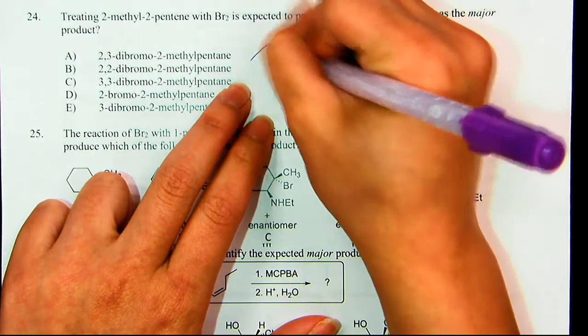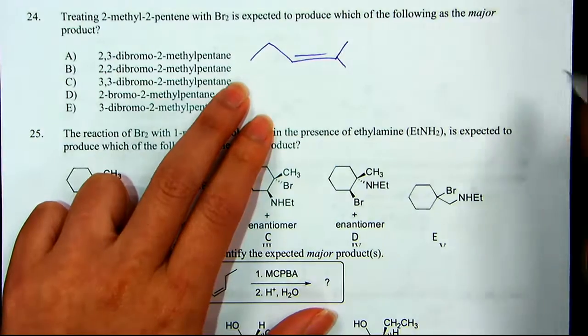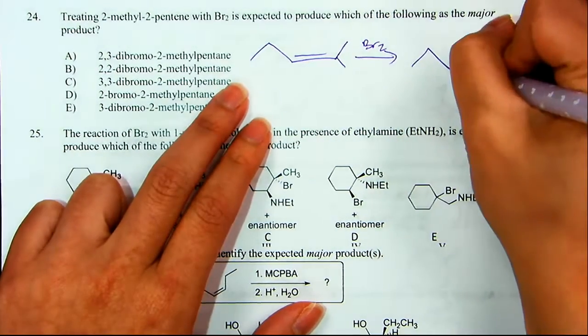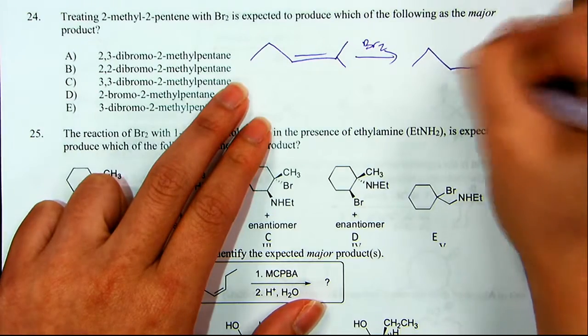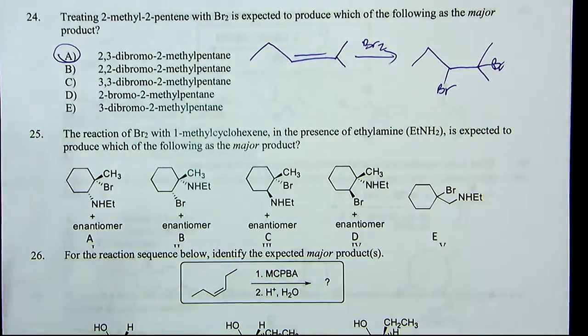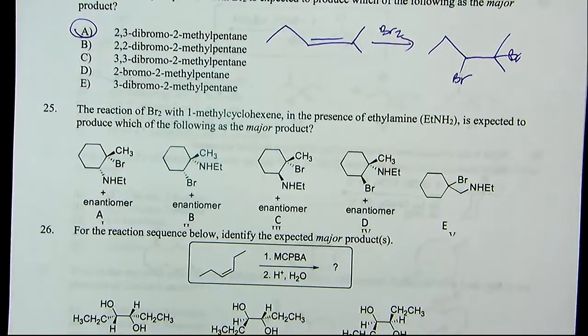We draw this out like that. Using Br2 in CCl4, you're going to get two bromine groups at that double bond position. So when you name it, it should be a 2,3-dibromo.